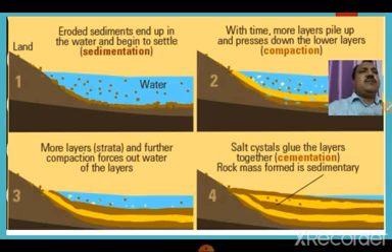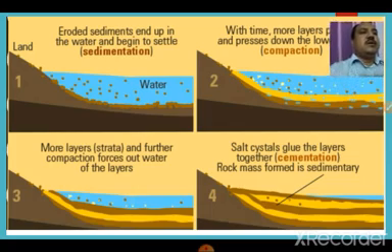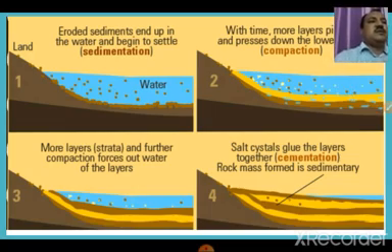Then with time, more layers pile up and press down the lower layers: compaction. Third, more layers and further compaction press water out of the layers. Then fourth, salt crystals glue the layers together, that is cementation. The rock mass formed is the sedimentary rock.